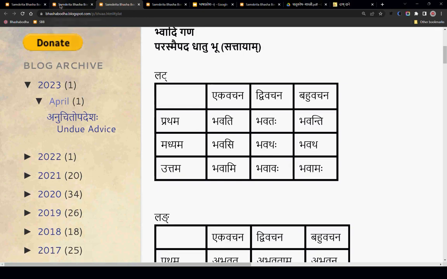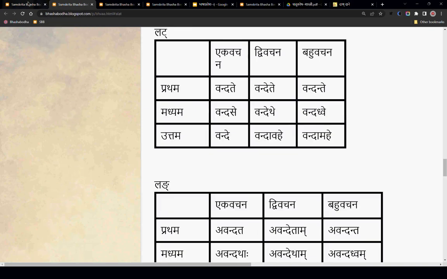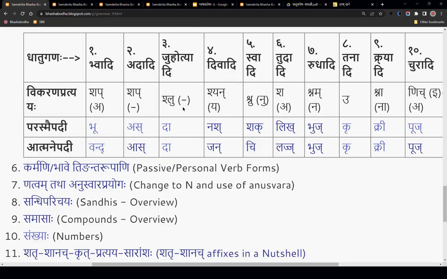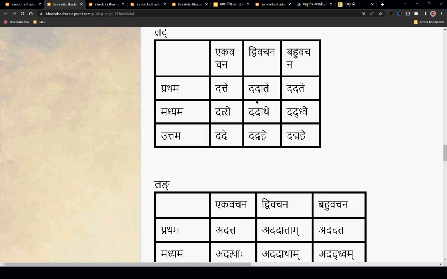But if you look at, say, the third gana, which is juhotyadi, da becomes dadati, etc. Right? Dadati. Atmanepade also, da becomes dadate. So here da is actually being repeated.